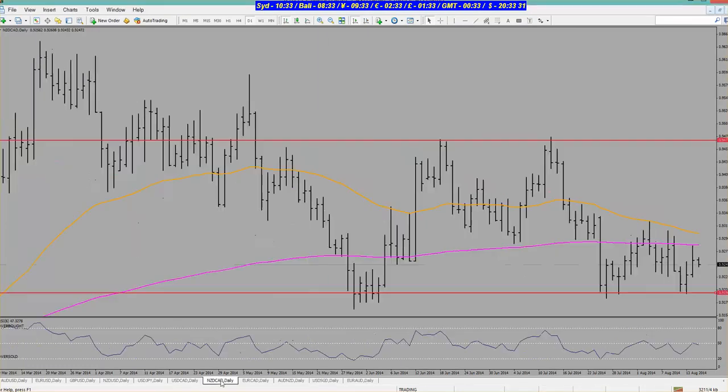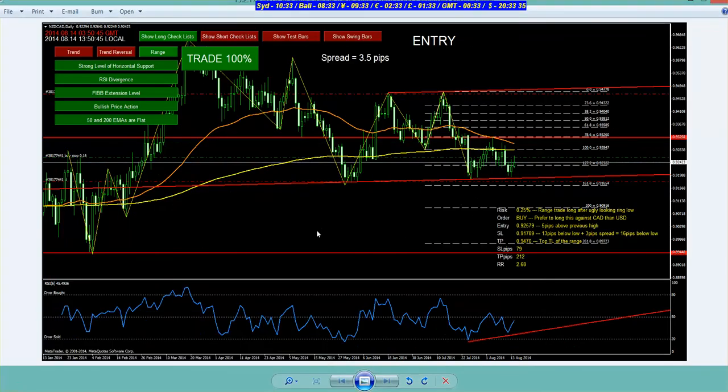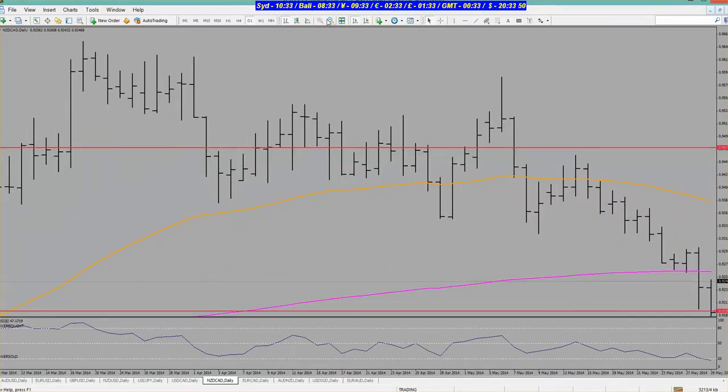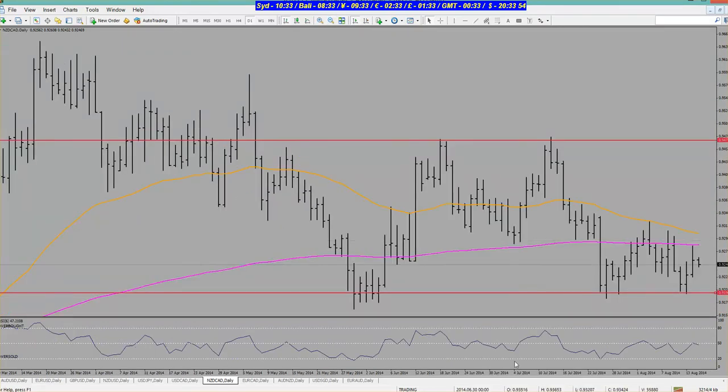Okay, next one's Kiwi CAD. I've kind of covered this one, I think, haven't we? Range trade. Yeah, the divergence, RSI 6. Why does yours look different to mine? One thing, you've got divergence here.